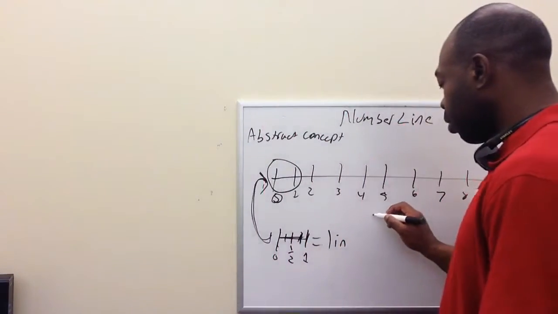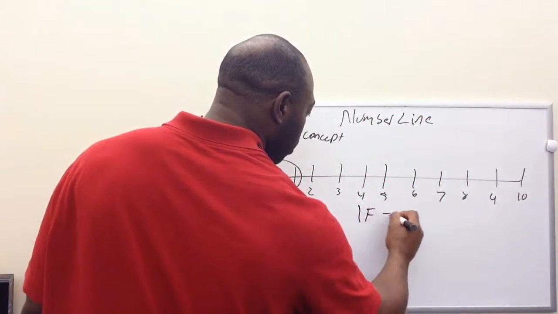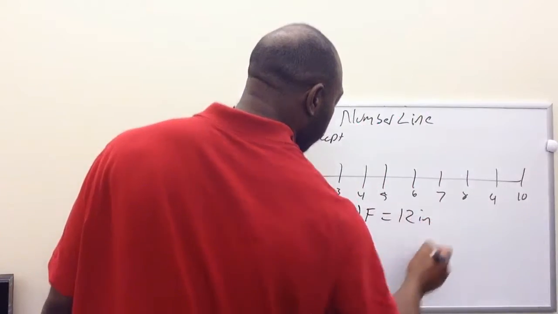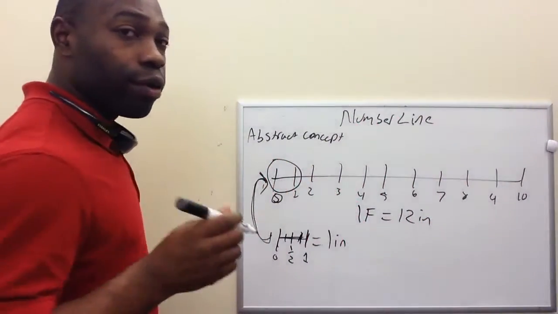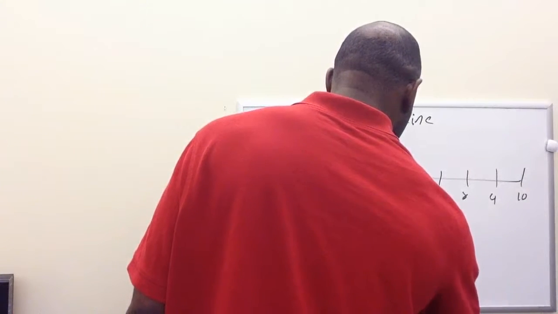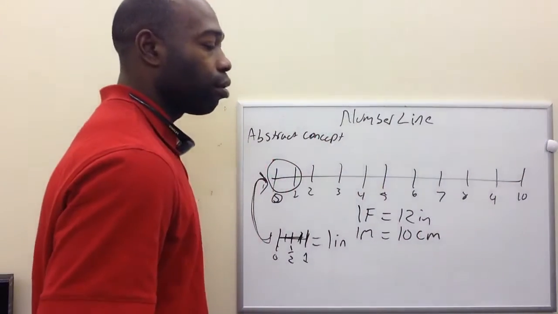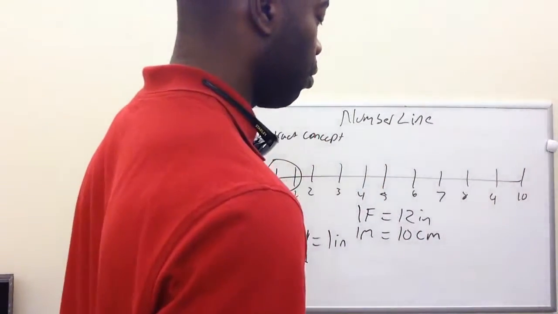So on a ruler, 1 foot equals 12 inches, right? On a meter stick, 1 meter is equal to 10 centimeters. Yes, 10 centimeters. Is that right?